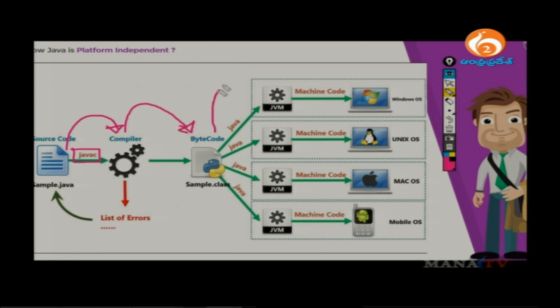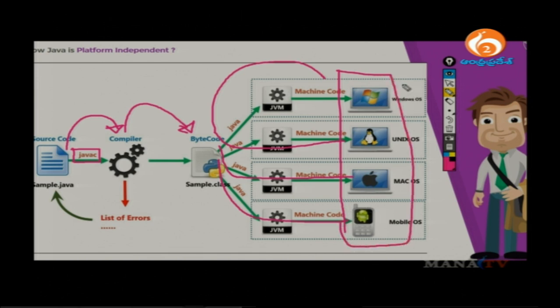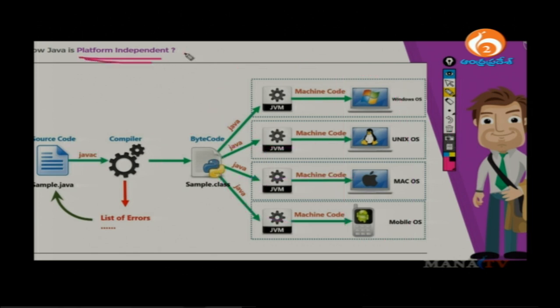Put this bytecode on any machine, not restricted to one particular platform, any operating system or device, and you will see the same expected output. That's the reason we call Java a platform independent application development platform. Is it clear, guys?